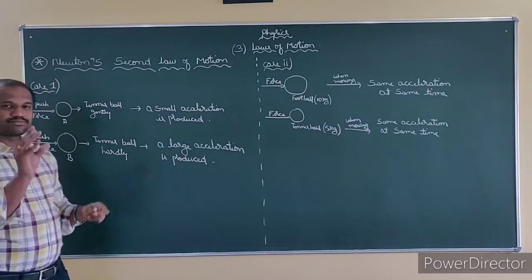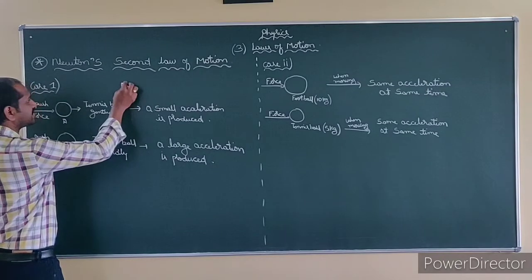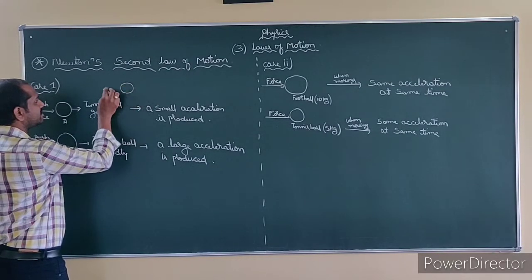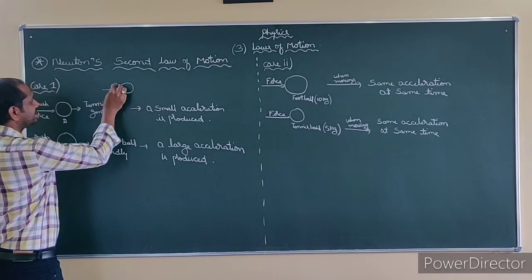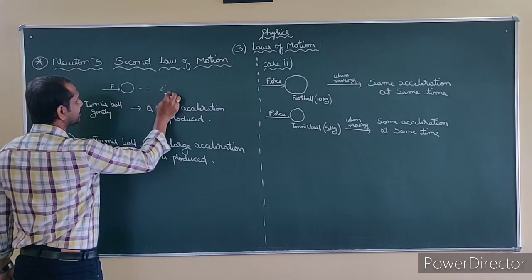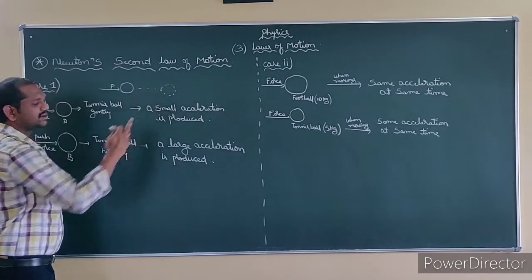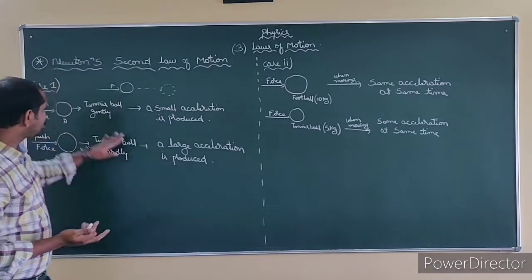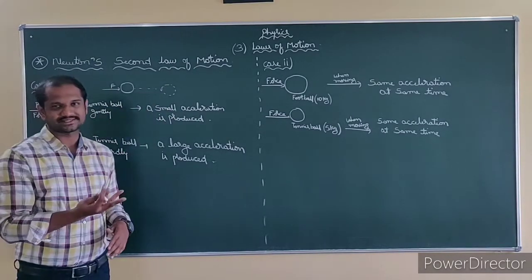See, when we apply a small force, what happens? Think that there is a ball. If you apply a force very gently, it will move only a little. The distance covered by it is also less. Why? Because the force given is very less.